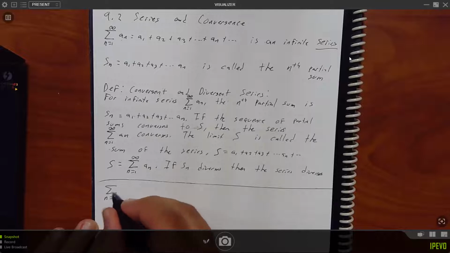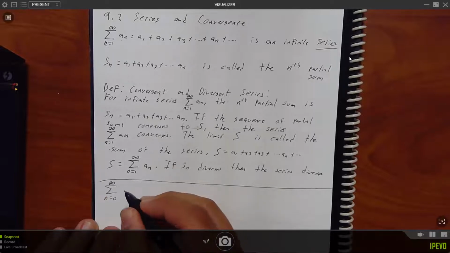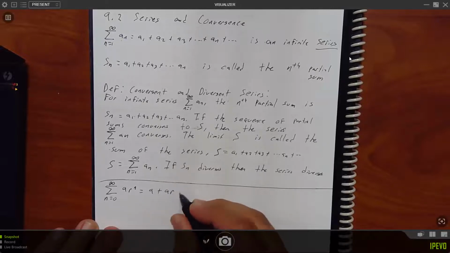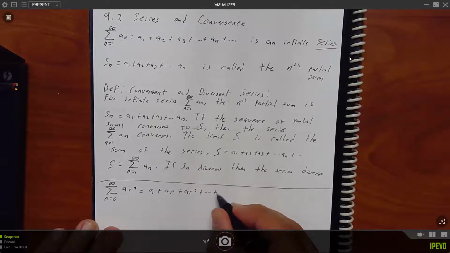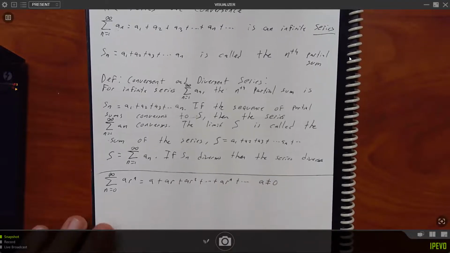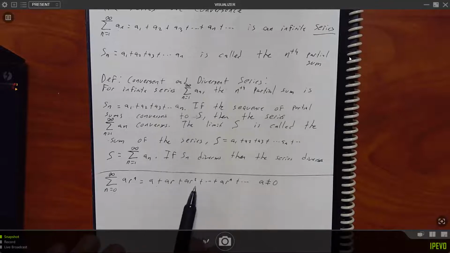So n starts at 0 to infinity of AR to the n is equal to A plus AR plus AR squared plus and so on. A cannot be 0. They all have a factor in common, it's basically increasing something by a factor of r.